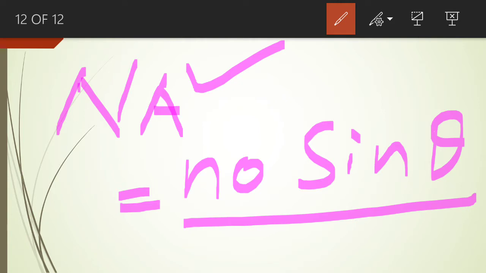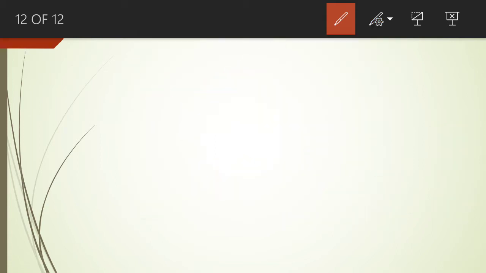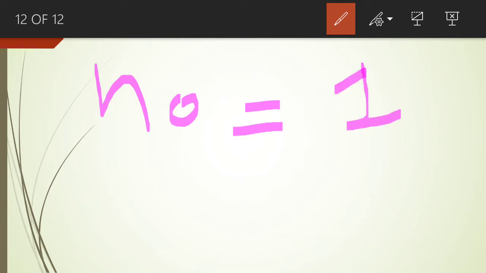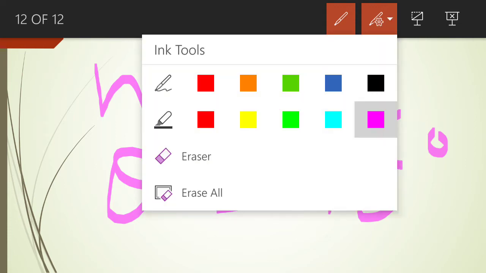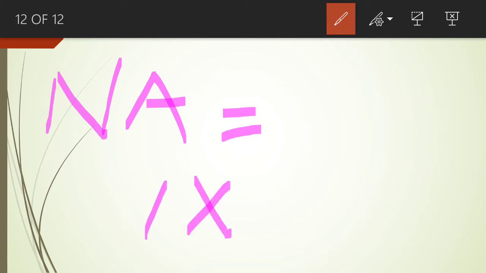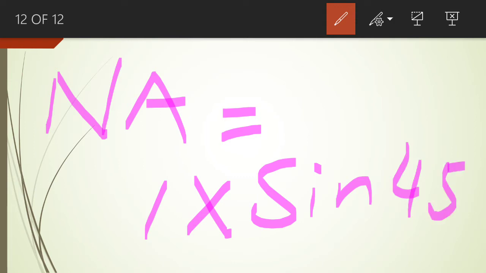So let us put the values in this particular equation. If we put the values, n naught is the refractive index of the air, which is 1. Theta is the maximum acceptance angle of the spherical lens, which is 45 degree. So if we put the values in this particular equation, the numerical aperture will be equal to 1 into sine of 45, and sine of 45 is equal to 0.707.